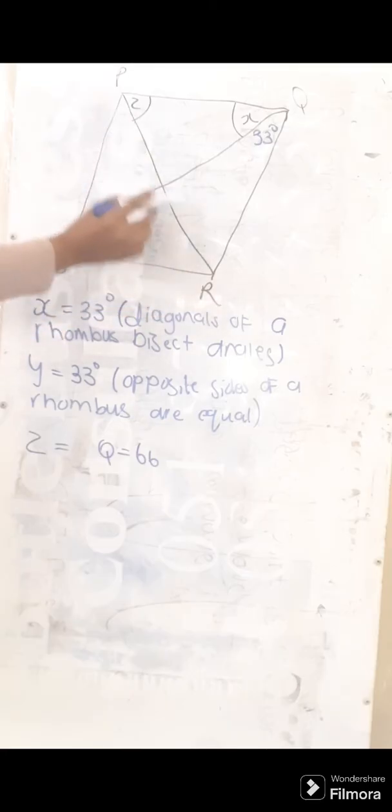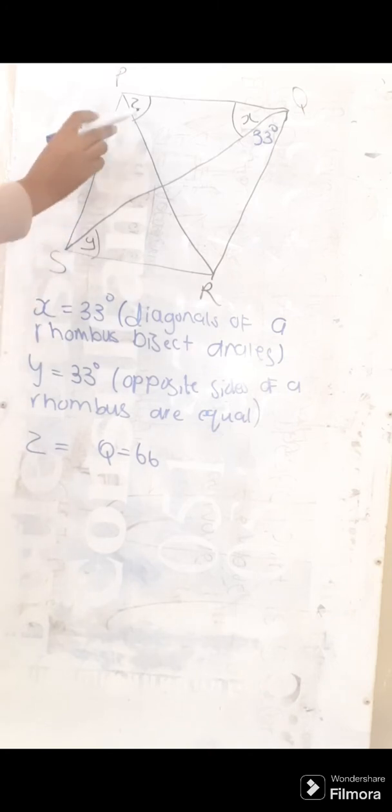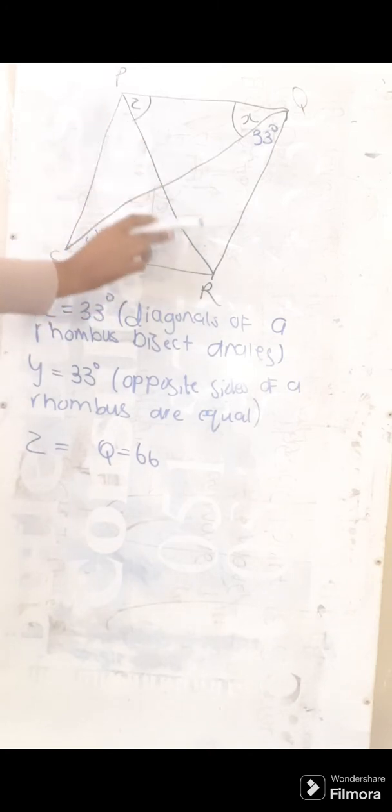If you look at this triangle correctly, you will see that it's an isosceles. And an isosceles triangle means these two sides are the same. Just as we said, opposite sides of a rhombus are equal. So this and this are the same in this triangle, right?